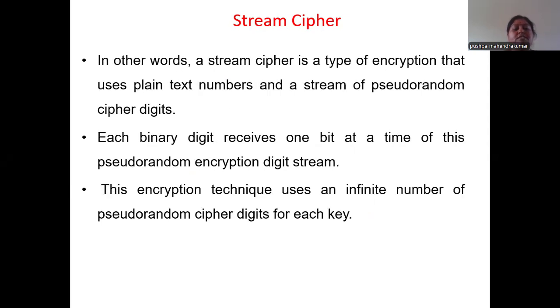In other words, a stream cipher is a type of encryption that uses plain text digits and a stream of pseudo-random cipher digits. Each binary digit is combined one bit at a time with the pseudo-random encryption digit stream. This encryption technique uses an infinite number of pseudo-random cipher digits for each key.